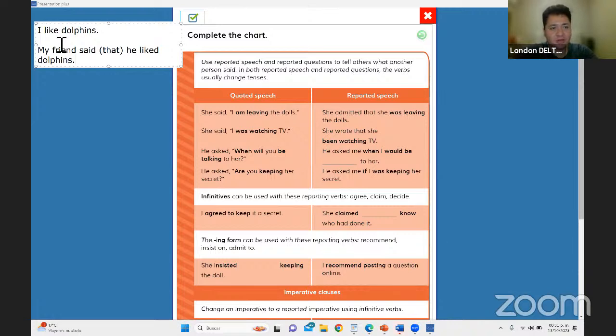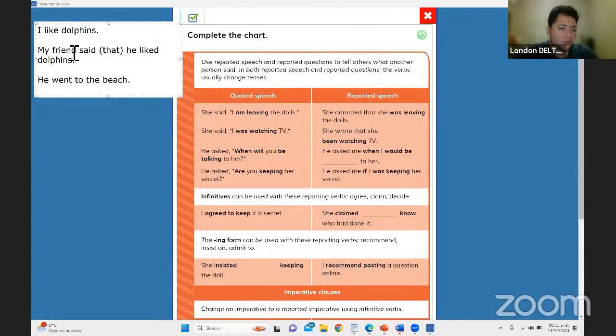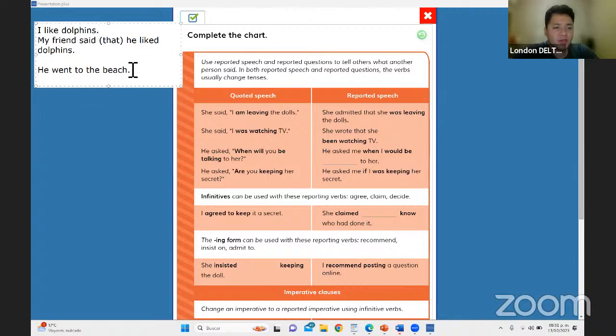So what happens in past? He went to the beach. He went to the beach. So reported speech. ¿Cómo podríamos reportar esta oración? Repetir esta oración in reported speech.